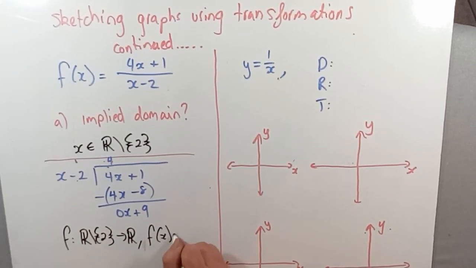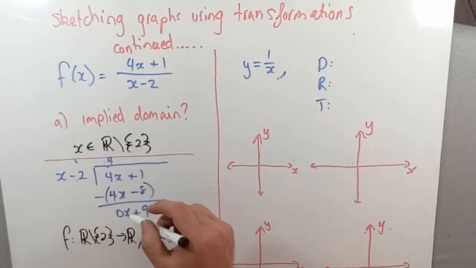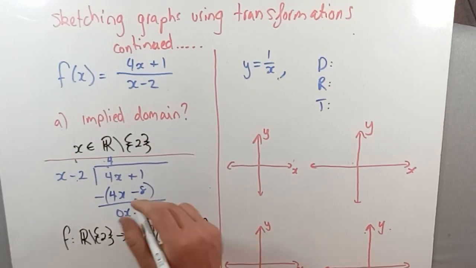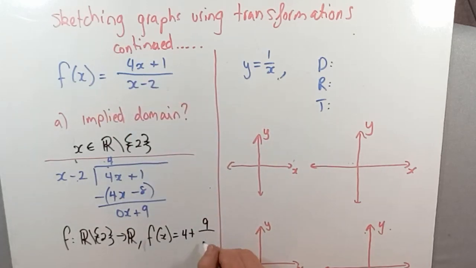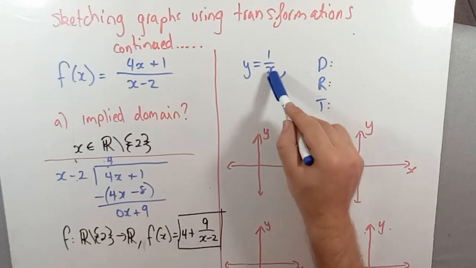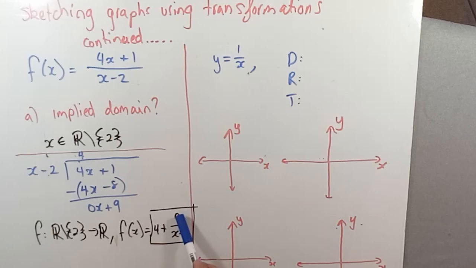So we've got f of x equal to 4 plus 9, the remainder here, on x minus 2. Now that's a graph where I can see all the transformations. It's much easier to do. I can say, oh, it's this graph, 1 on x, that's been dilated and shifted.